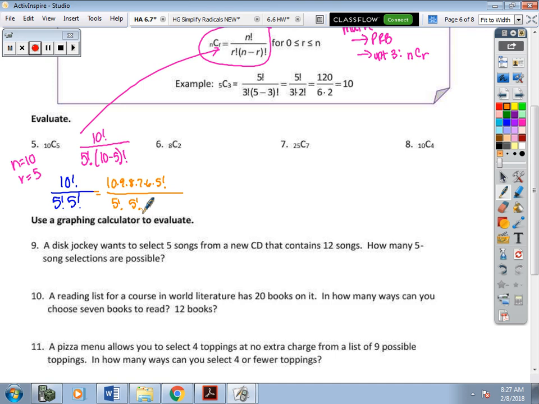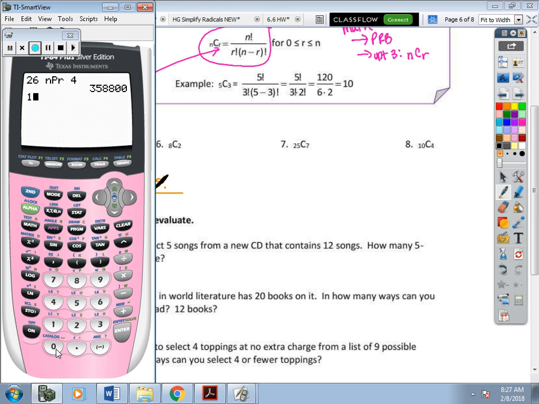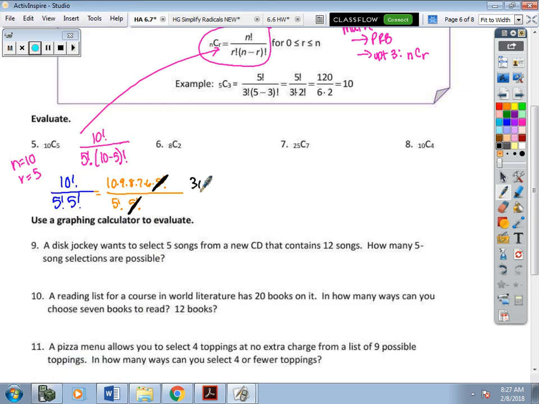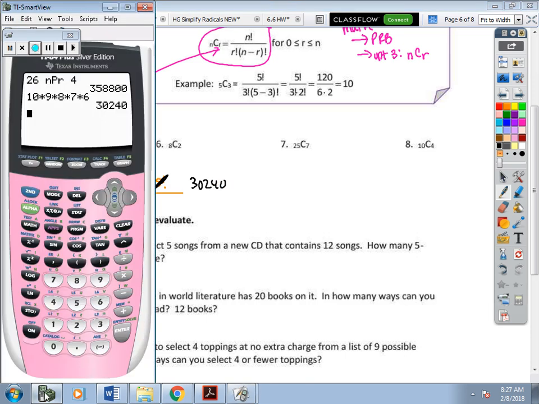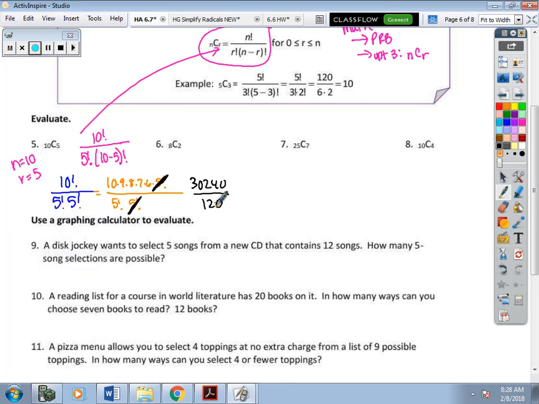And then you could, if you'd like to, you can divide out one of the 5 factorials. But you're still going to have to type some stuff in your calculator for this one. And then we would divide those numbers.